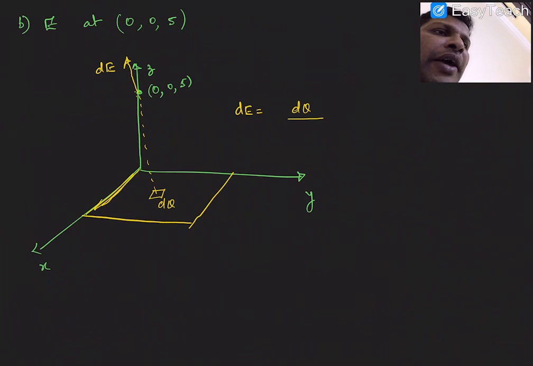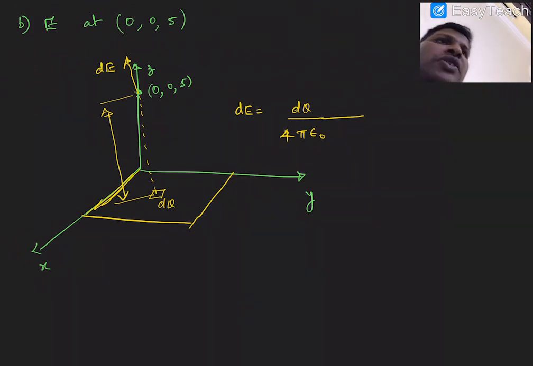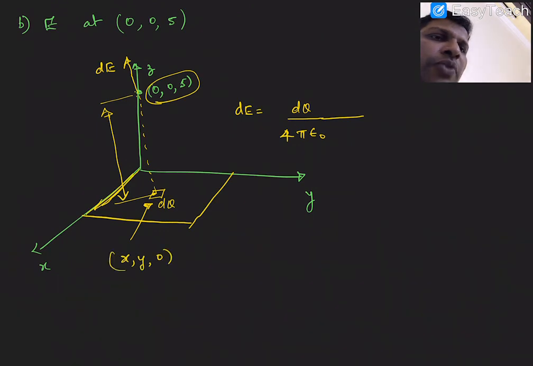dE is given as dq by 4 pi epsilon 0, okay, 4 pi epsilon 0 and the distance vector, the distance vector between these 2 points. So how to get it? This point is 0, 0, 5, and this point is nothing but x comma y and z equal to 0.